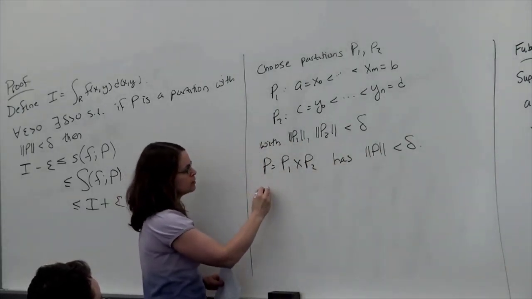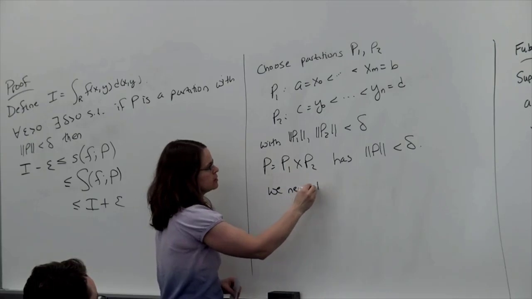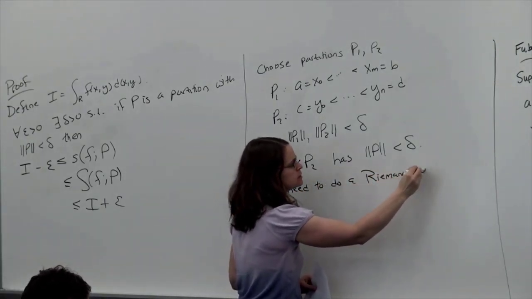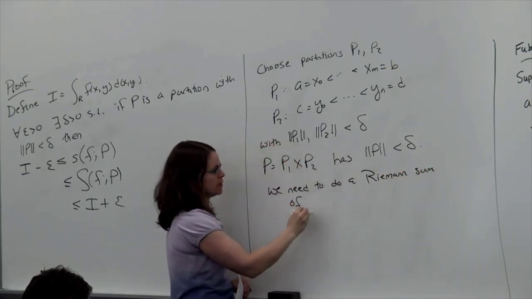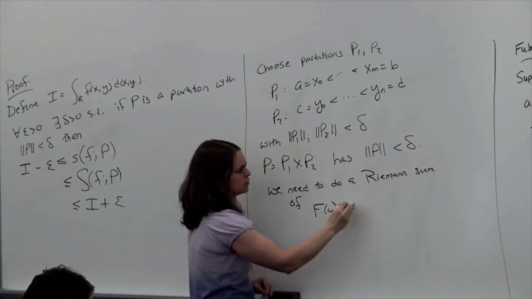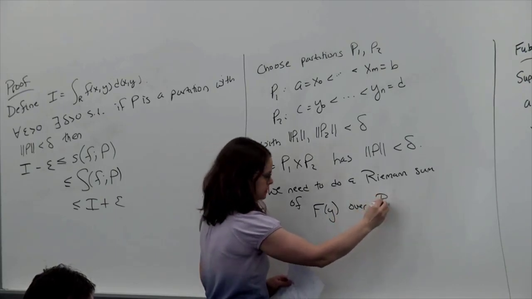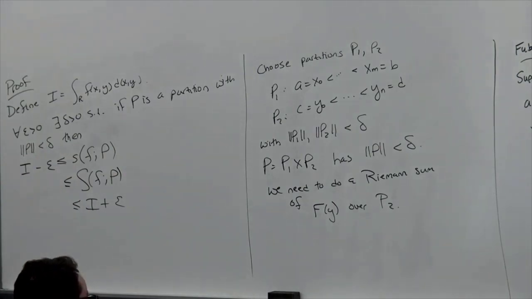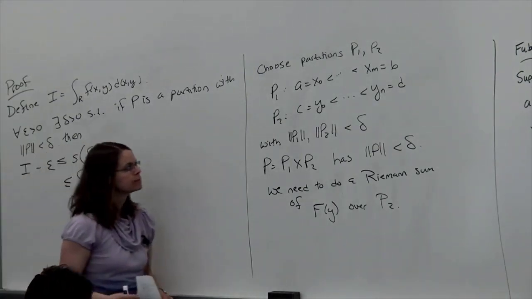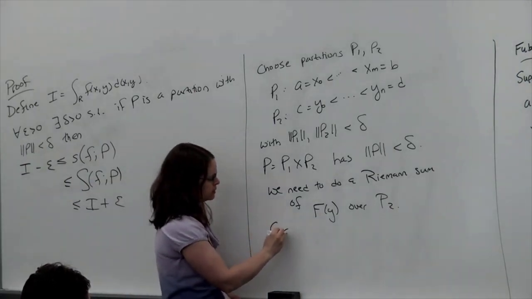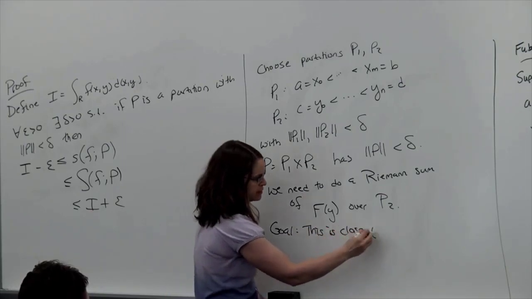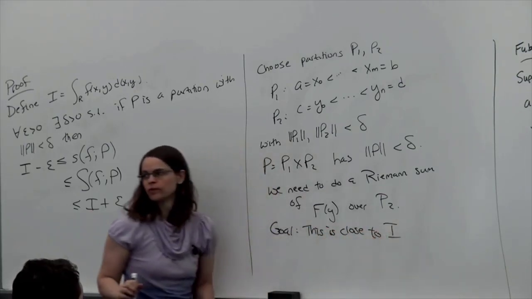So we need to do a Riemann sum of capital F of y over P2. Okay, and what we hope is to find that this is pretty close to I, as close as we want it to be.